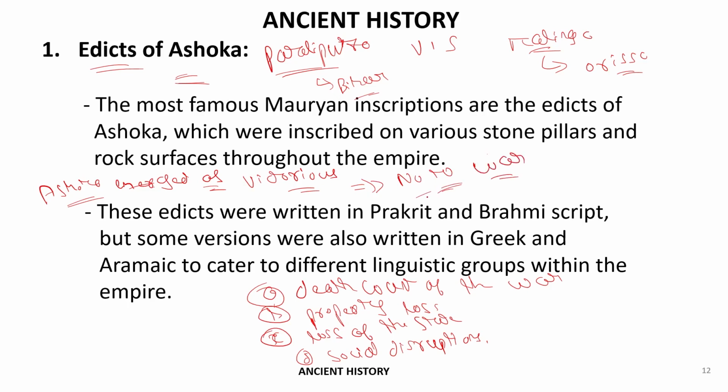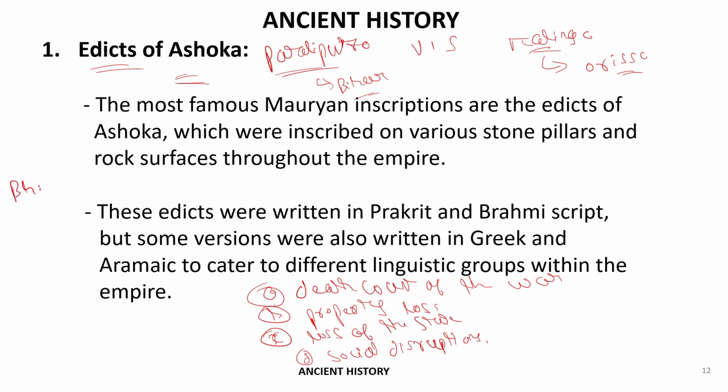No to war. Now many people claim that Ashoka gave up fighting. No, he didn't give up the fighting, but he stopped the fighting. And he changed the policy from Bhairi Ghosha to Dharam Ghosha.